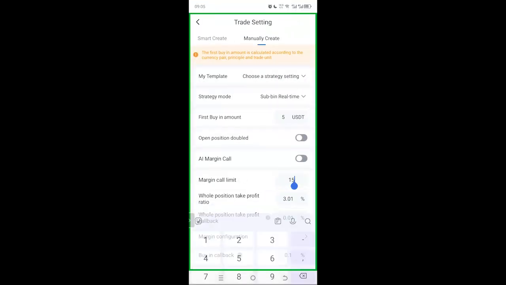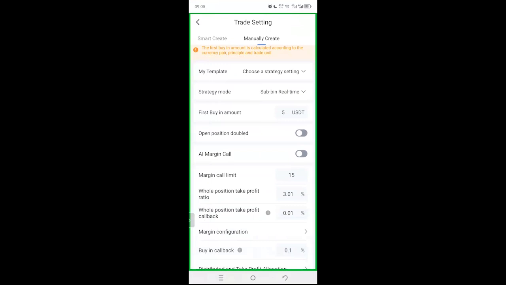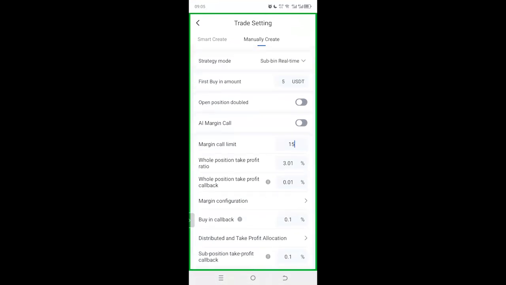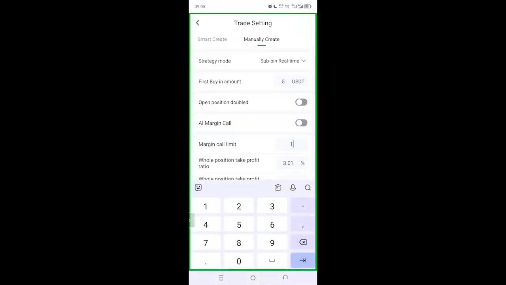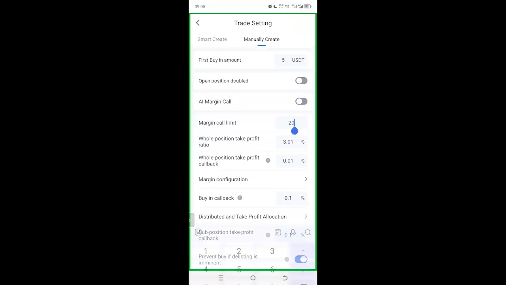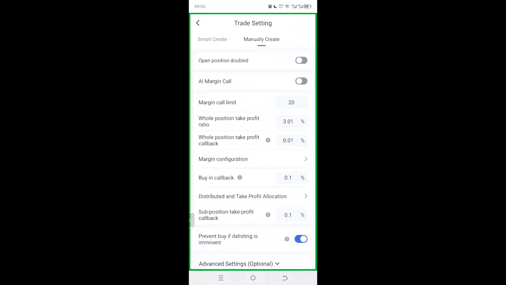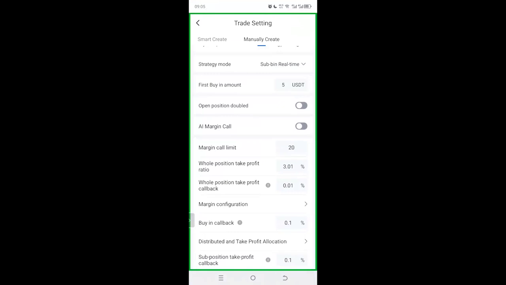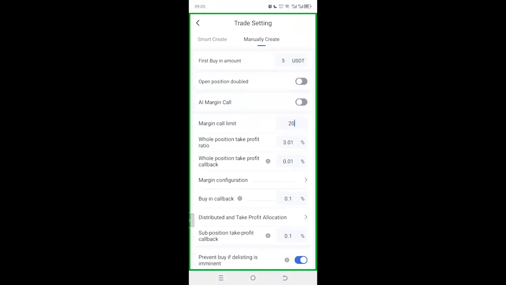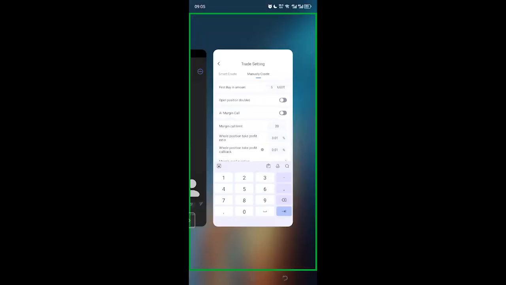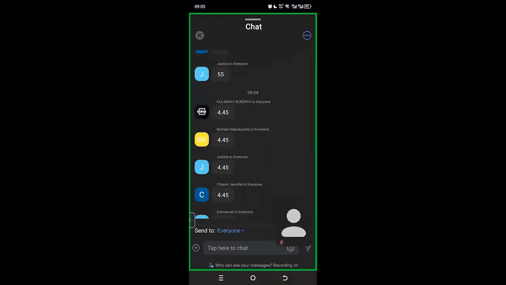Someone will come here and adjust the margin call limit to, let's say, 20 margin calls. Someone would say, let me use 25 margin calls, still on the same trade. What are you going to do? You're just going to divide the remaining capital, which is 245, by 20.